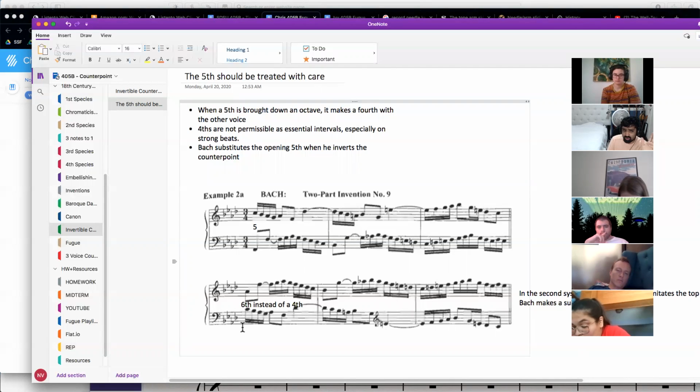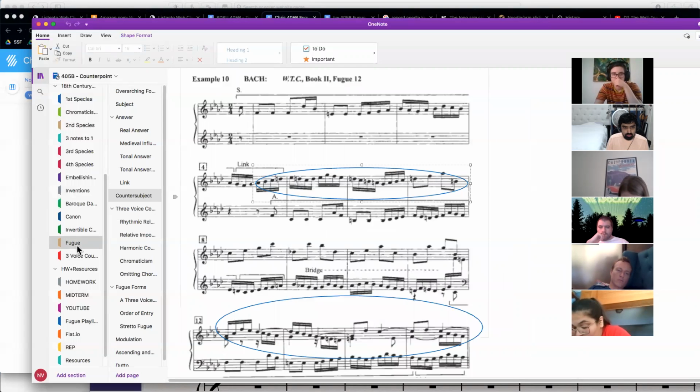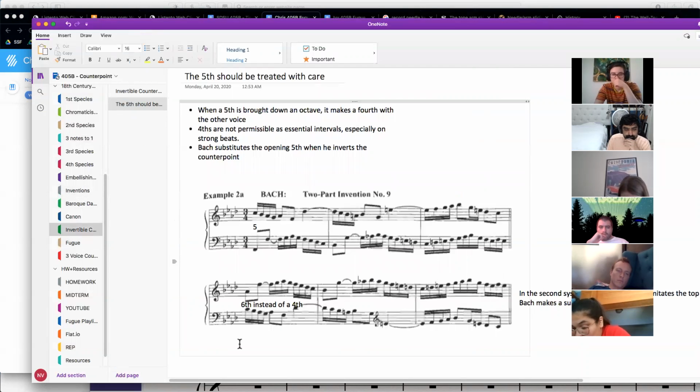Even when you have that alternating consonant dissonant sort of paradigm. Over here you see an example of a 4th on a downbeat, but the reason that this is okay is I think the dissonance is resolving by step, right? In this particular case, if this were a 4th, you'd basically be emphasizing the 4th one more time by moving it up an octave, right?